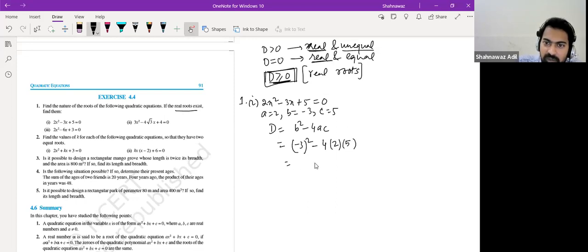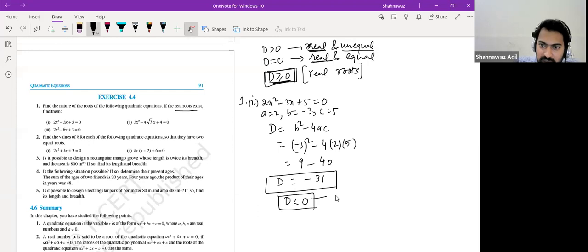So this is 9 minus 40, which is minus 31. So this is D less than 0, not real. So this means that real roots don't exist.